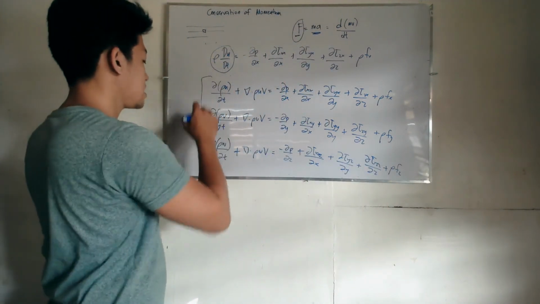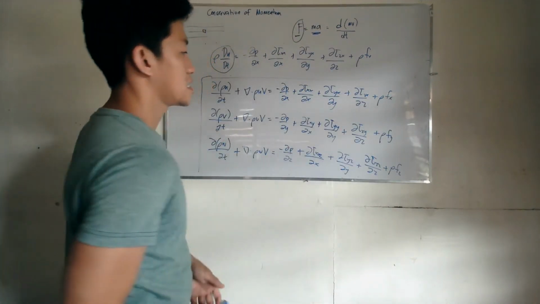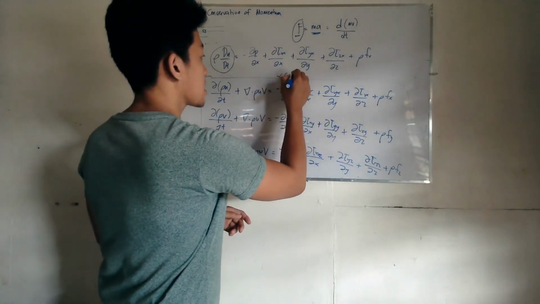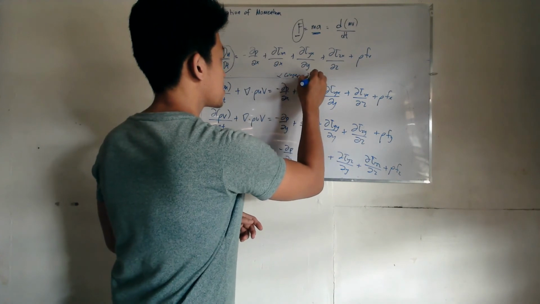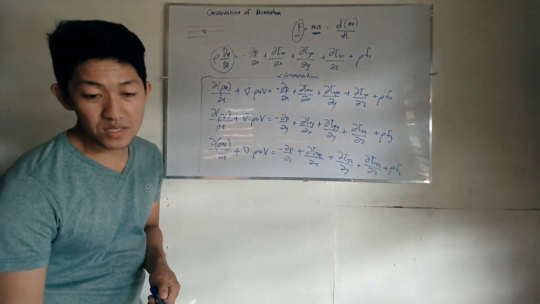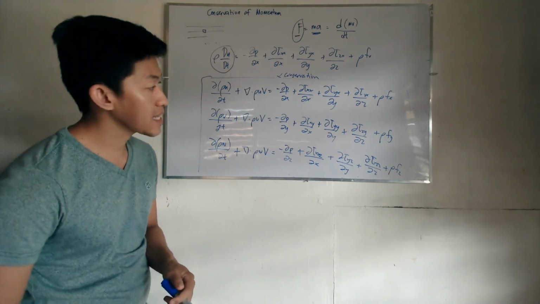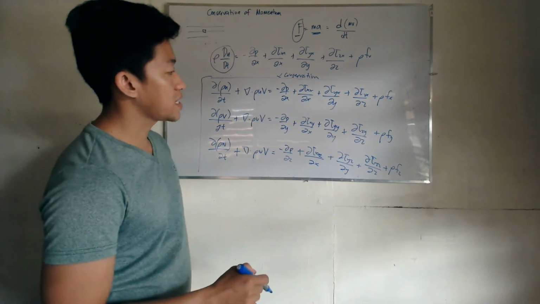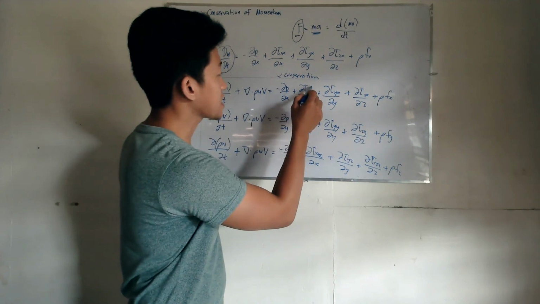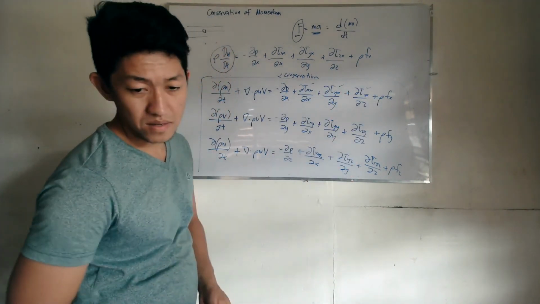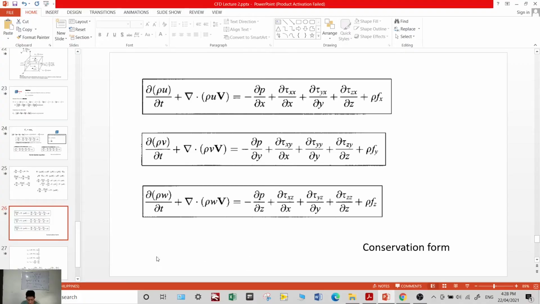Okay, so these are the conservation form of the Navier-Stokes equation. But there are still missing terms that have not been defined yet.